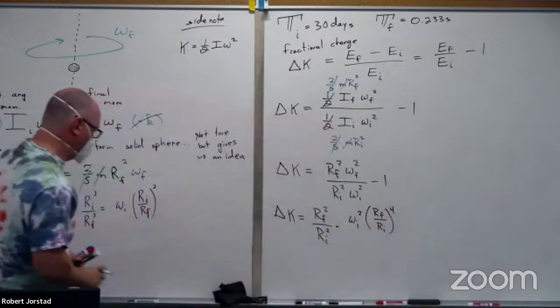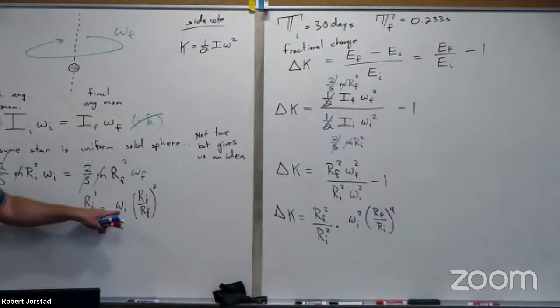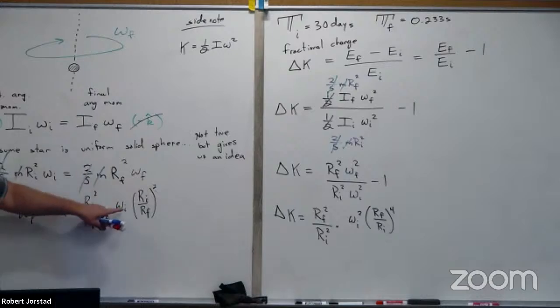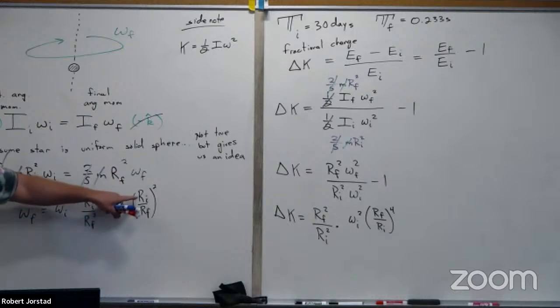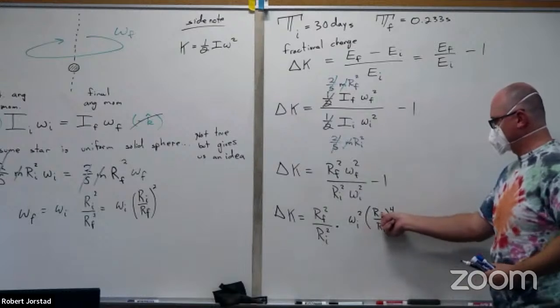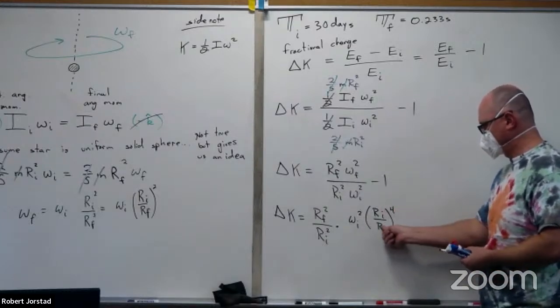And since it's squared in this term, you got to square both the omega initial, and this becomes to the 4th power, right? Oh, wait, I flipped it, didn't I? What did I screw up? This is initial over final. So right here, this should be initial over final. I screwed up.